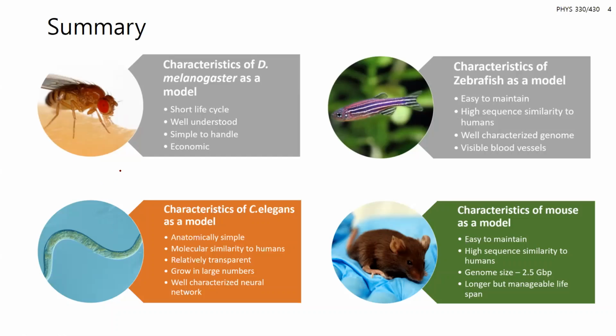I also just want to mention that if you're working with one of these organisms, you have to go through the Institutional Review Board, or the IRB. You'll hear that terminology. So even if you are keeping these fruit flies awake for a long time or scaring the zebrafish or heating them up, you have to ensure that you're doing it in an ethical way.